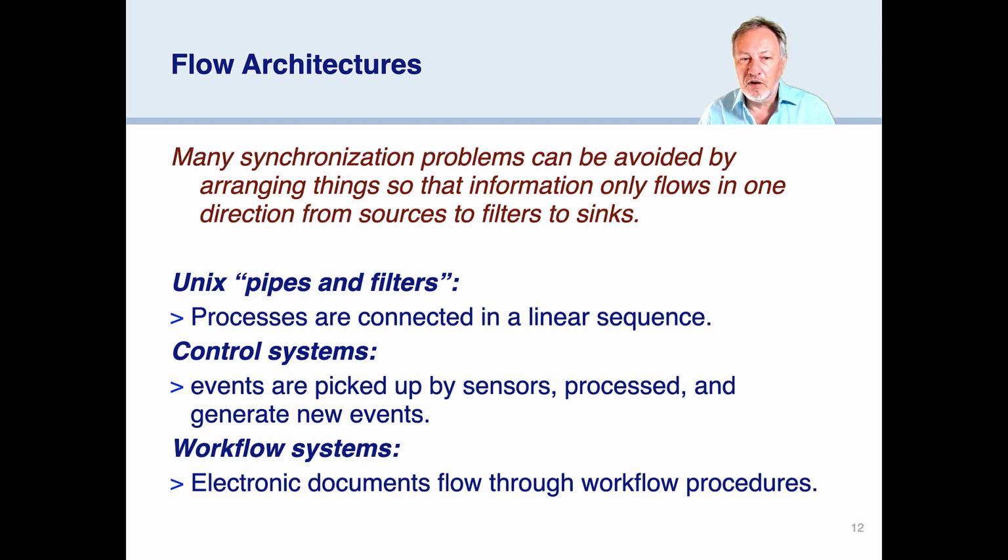Now there are lots of different versions of flow architectures, lots of variants. One of the simplest is that of Unix pipes and filters. In a pipes and filters chain, processes, so Unix processes, are connected to each other in a linear sequence. And a pipes and filters chain can even be scripted from a shell language.